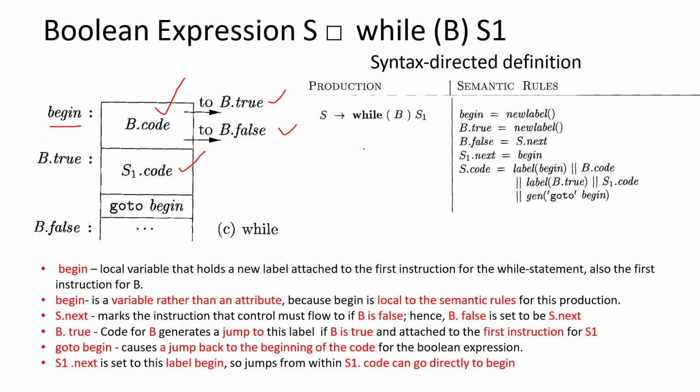Now we will come to the semantic rules. We need to create two labels, one for begin and one for b.true, so begin gets a new label and b.true gets a new label.